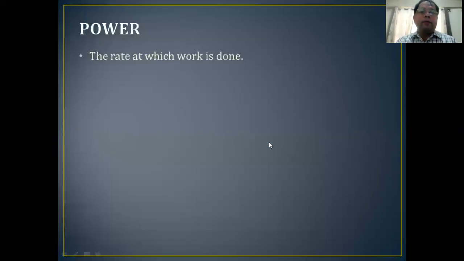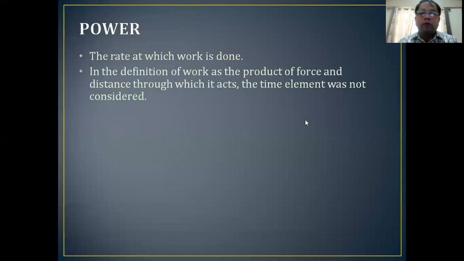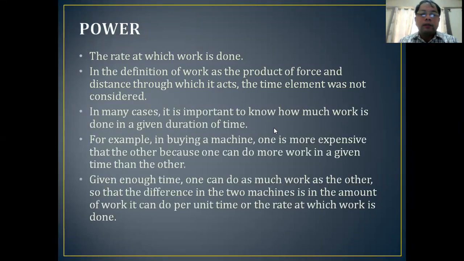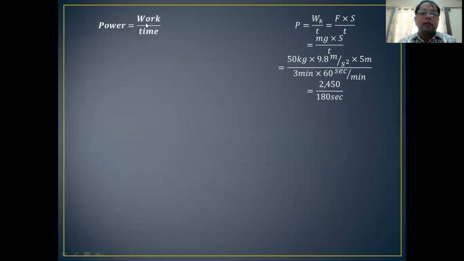What is power in terms of the work that we've learned already? If you divide the amount of work that a machine does by the time, since that is a rate of doing work, work divided by time is equal to power, for which we use a unit commonly used, which is watts.